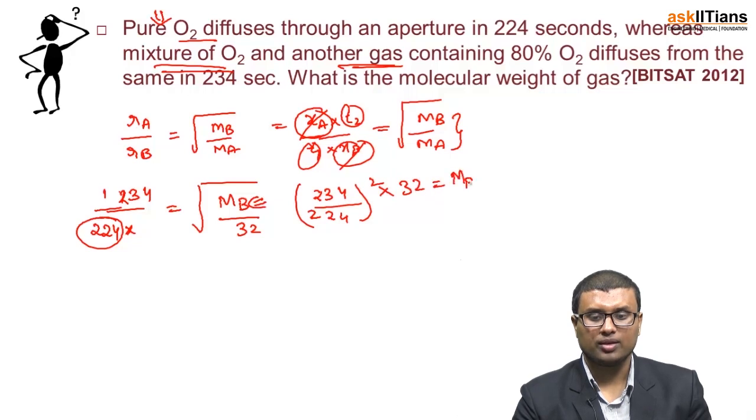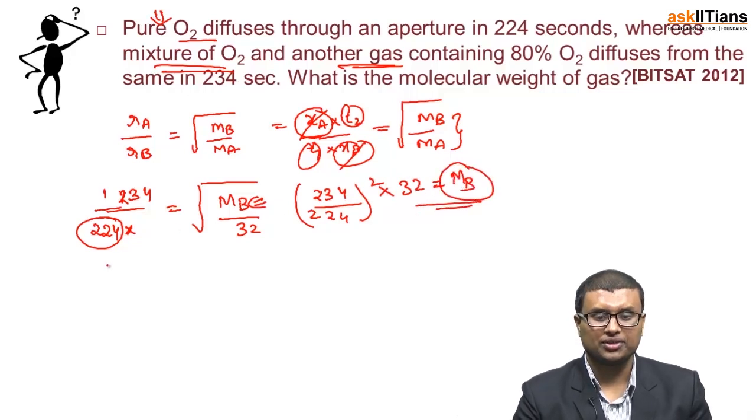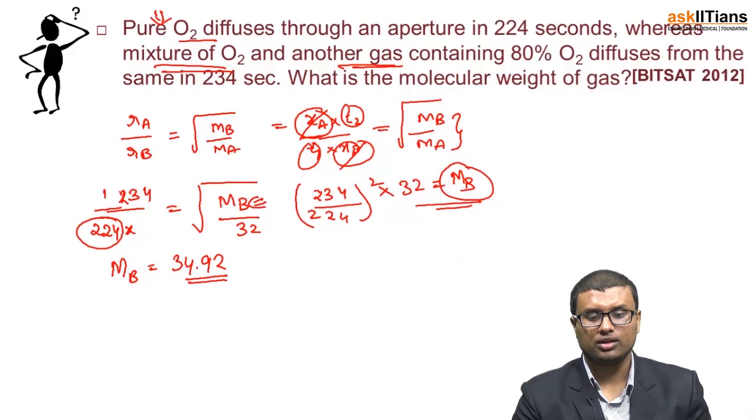So you will get MB. MB is nothing but the molecular weight of the mixture. So MB value turns out to be, its value will be nearly equal to 35, or it is approximately 34.92.